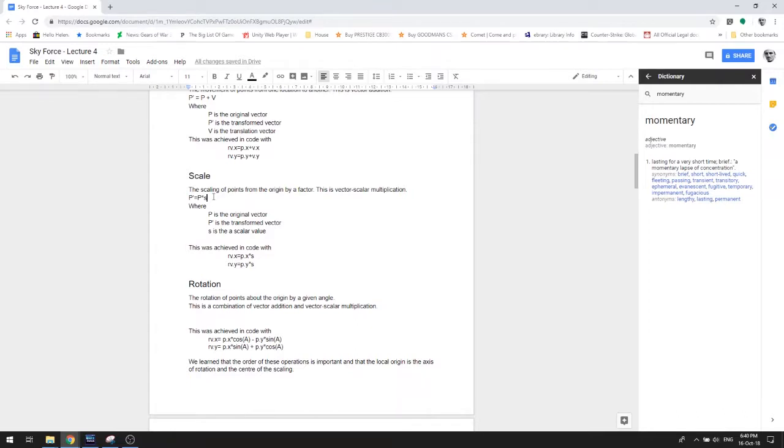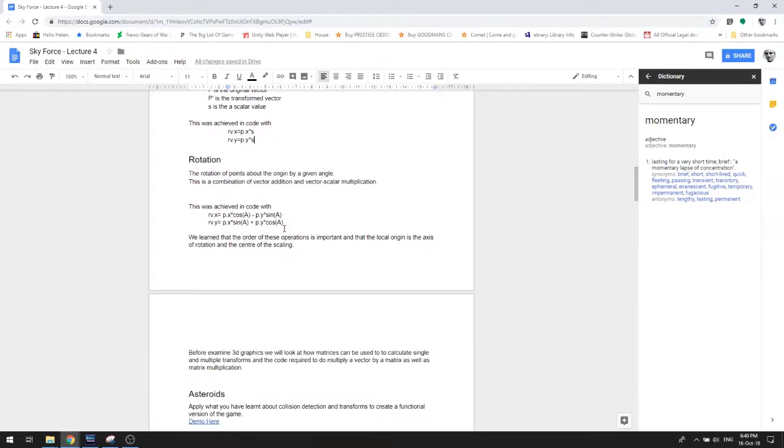It has multiple components, and a scalar only has one component. We achieve this in code by taking rv.x is equal to p.x, the point, multiplied by s, the scalar. We did the same thing with the y. So this will enable us to do scalar multiplication.